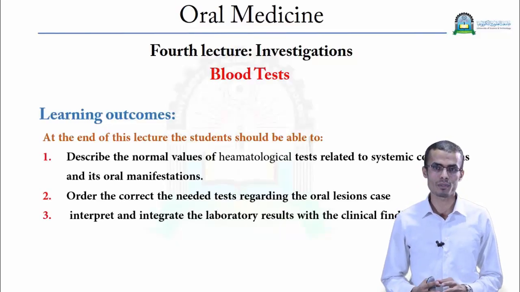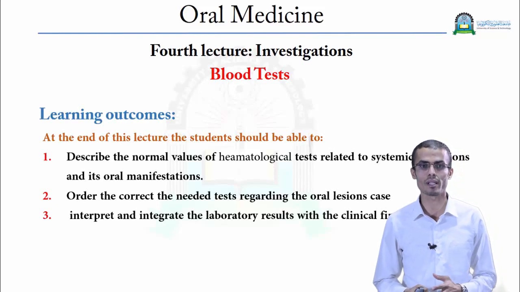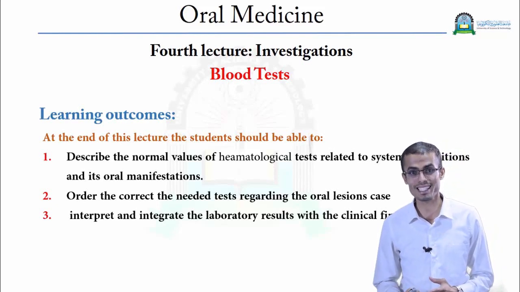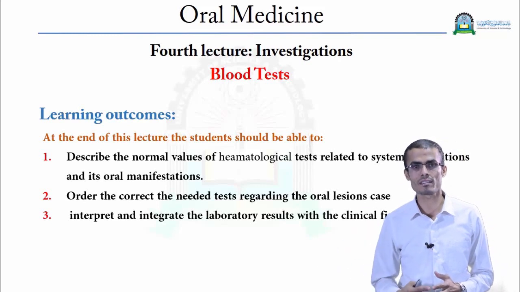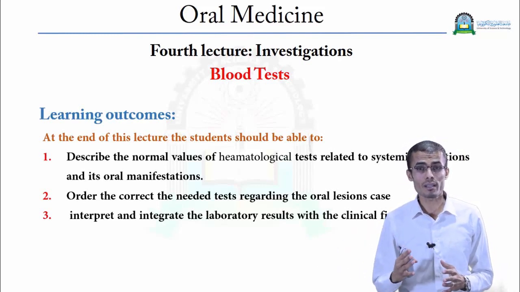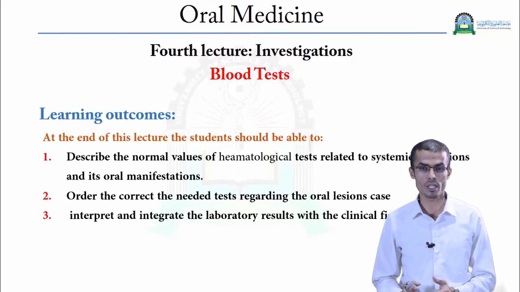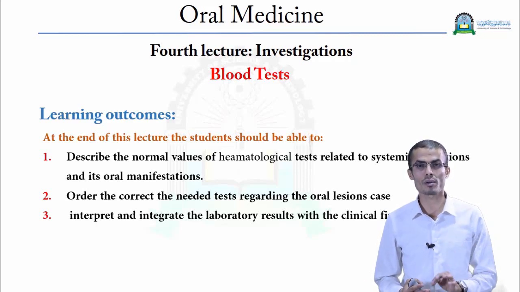The learning outcomes of this lecture: the students should be able to describe the normal values of hematological tests and relate these findings with the systemic conditions of their patients. As we mentioned before, the patient should be examined as a whole patient, not just concentrating on the oral cavity.